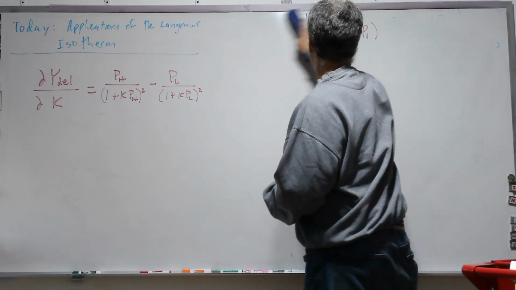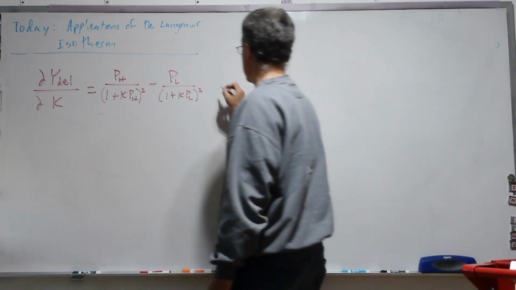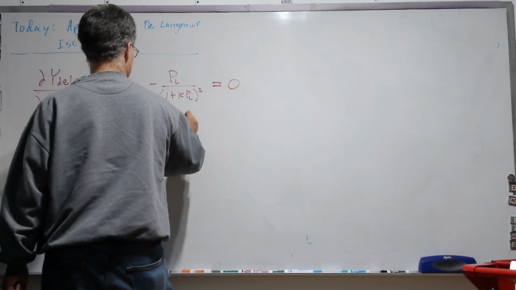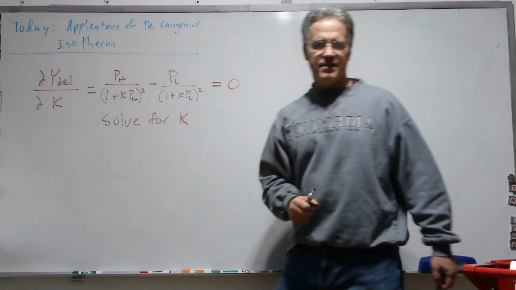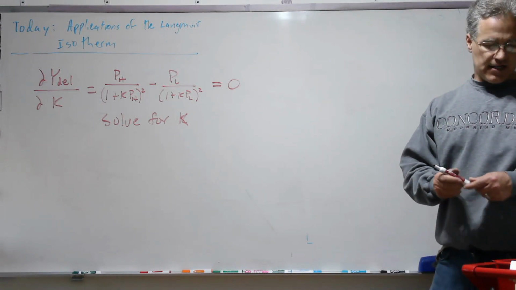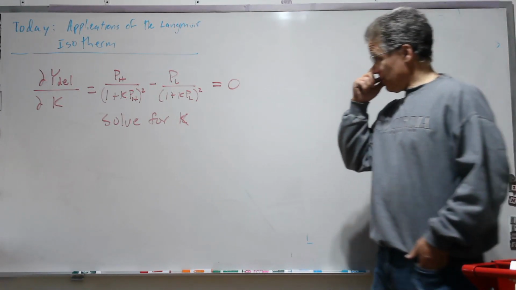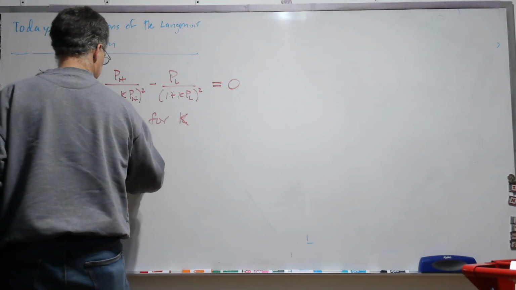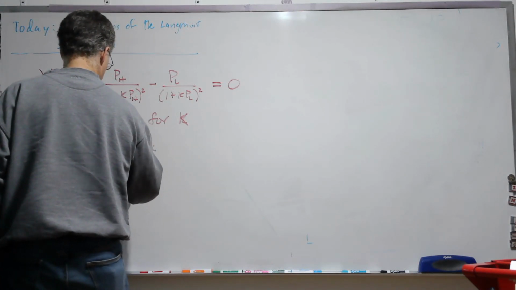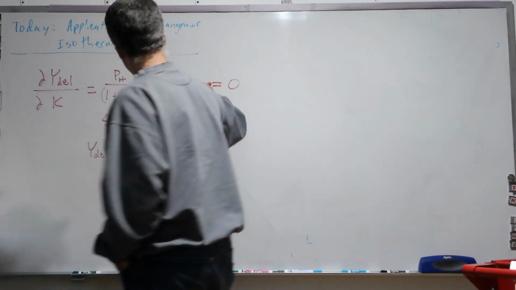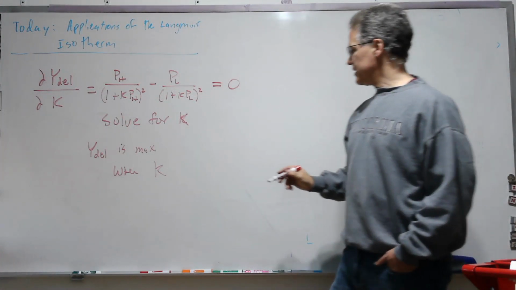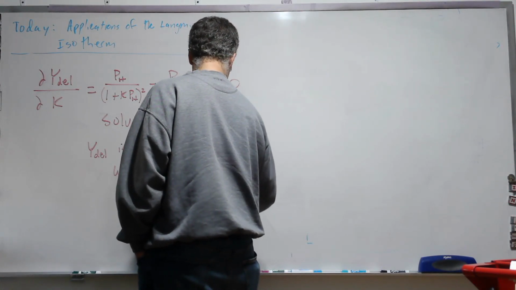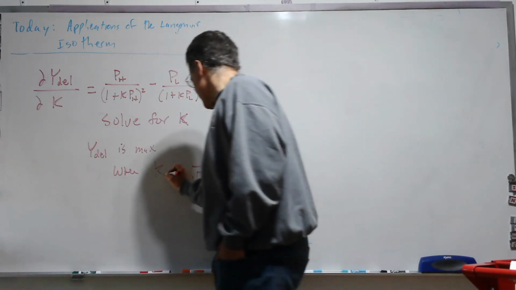Let's go ahead and do that, and we solve for K. Now that takes a bit of algebra, so I just used Mathematica to solve it. And when we do that, Y del is a max when, one solution, the physically relevant solution here, is when K is equal to 1 over the square root of PH PL. And we'll call this the K optimal.